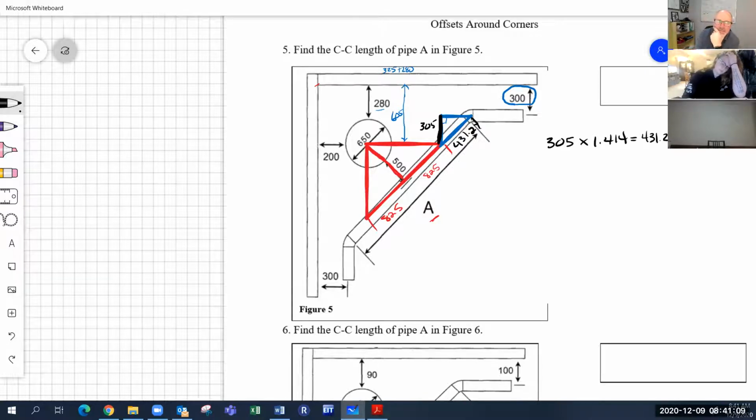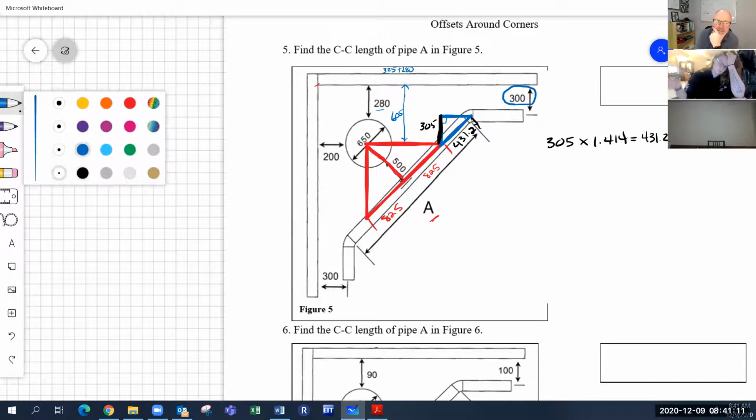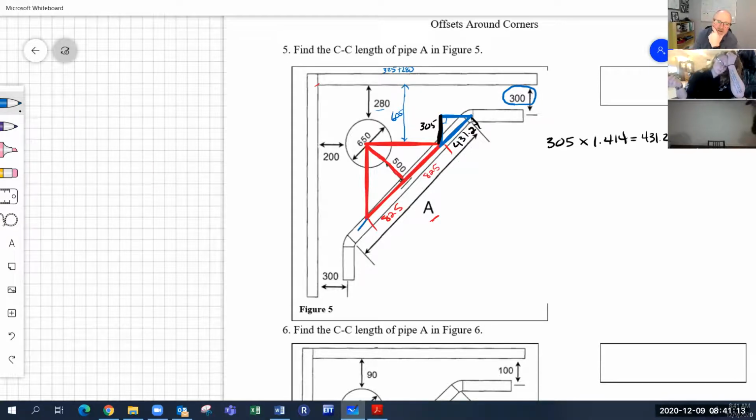And now the next step is I need to solve for this piece over here. So I'm going to draw another right angle triangle. That one didn't snap to place. I'm going to draw another right angle triangle right in this location. There we go.